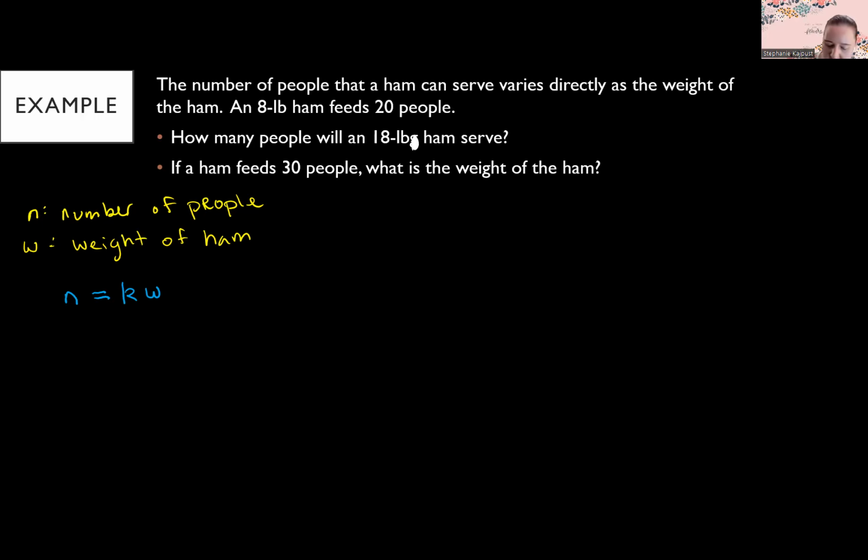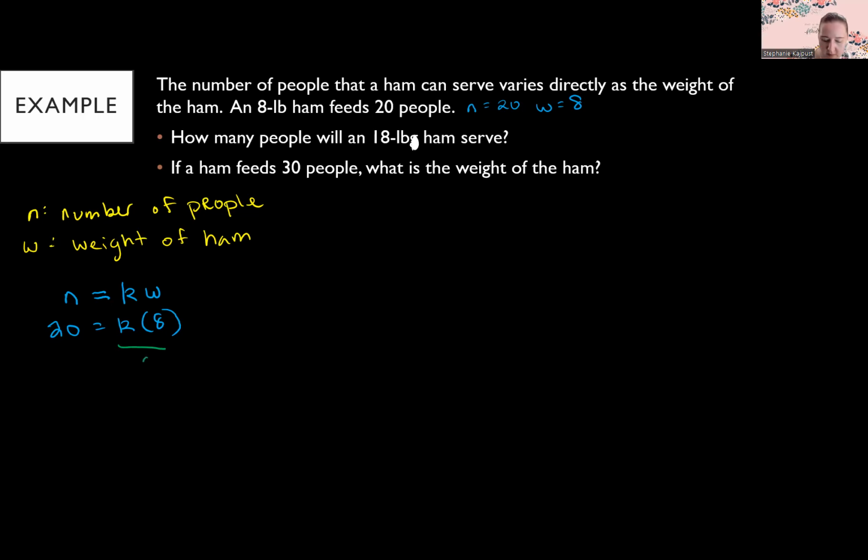Because that second sentence is giving us that n is 20 and w is equal to 8. So I'm going to plug that in. So you have 20 equals k times 8. You want to make sure you put them in the right places. And then you solve for k.